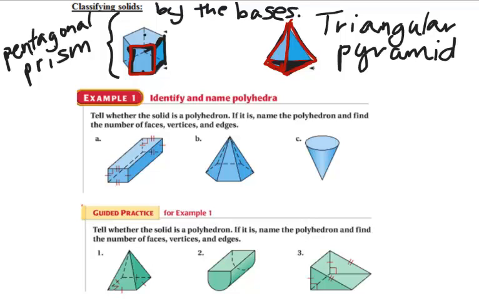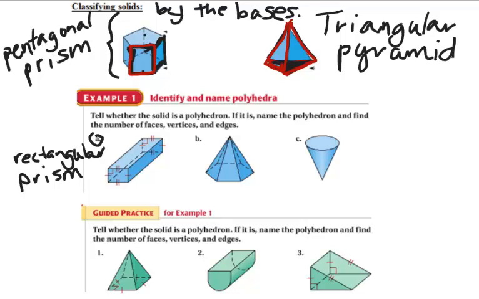Okay, but let's look first down here at example 1, and tell whether or not the solid that we're looking at is a polyhedron. If it is, we're going to name it and find the number of faces, vertices, and edges. So on A here, we do have a polyhedron, and this one is a rectangular prism. On a rectangular prism, the choice of bases is really kind of your choice.